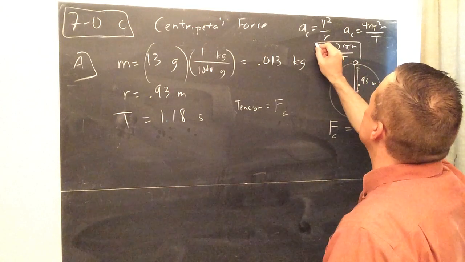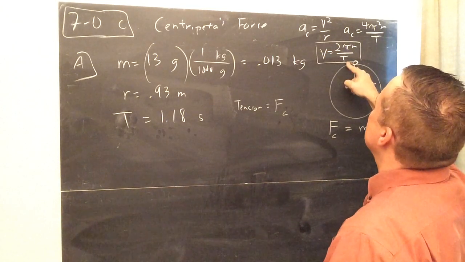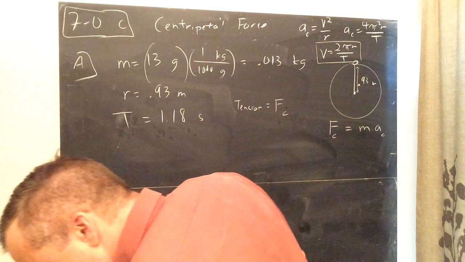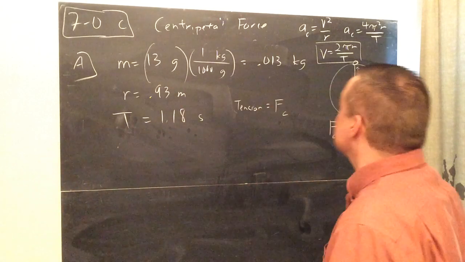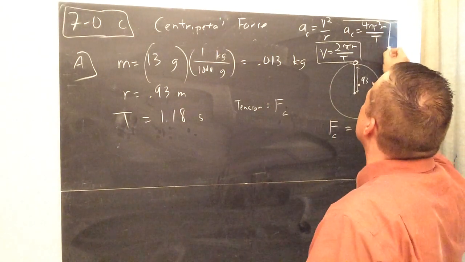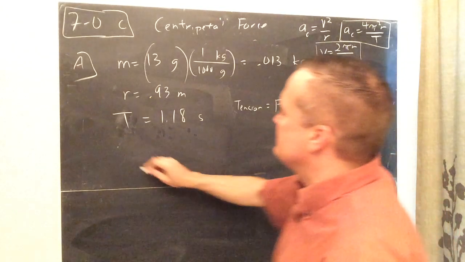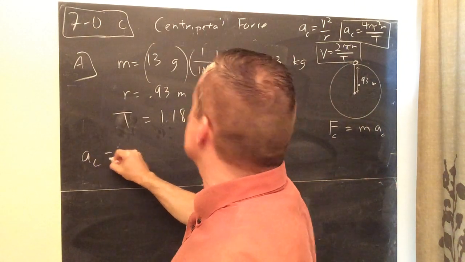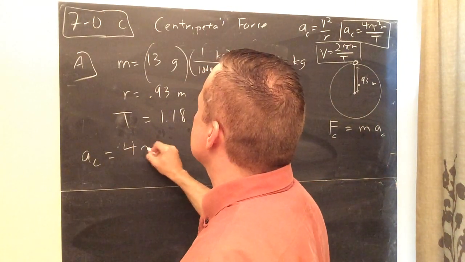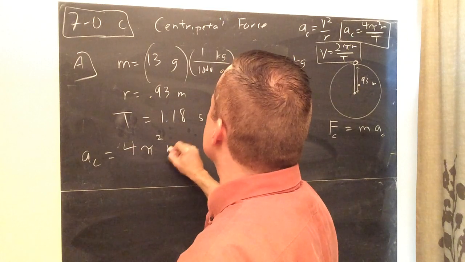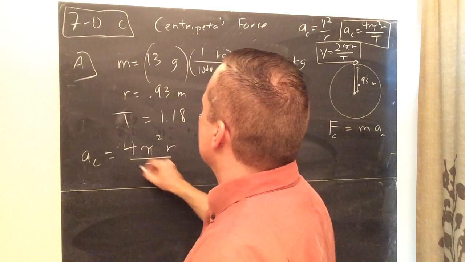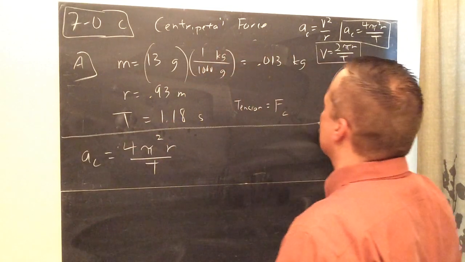You can use 2 pi r over t, but they didn't ask for the velocity, so we can just jump to this one. This is a good opportunity to use this equation, because you don't have to find all the other parts.